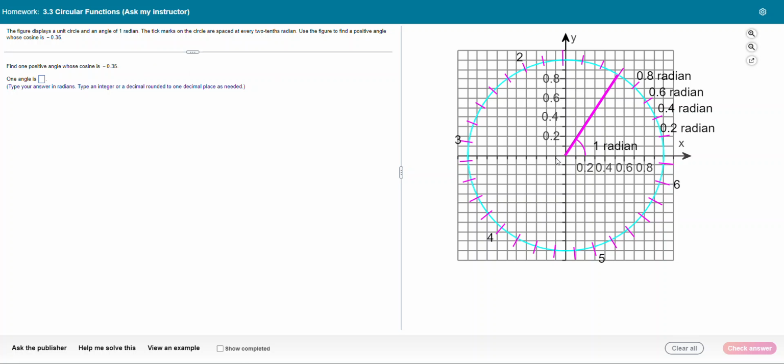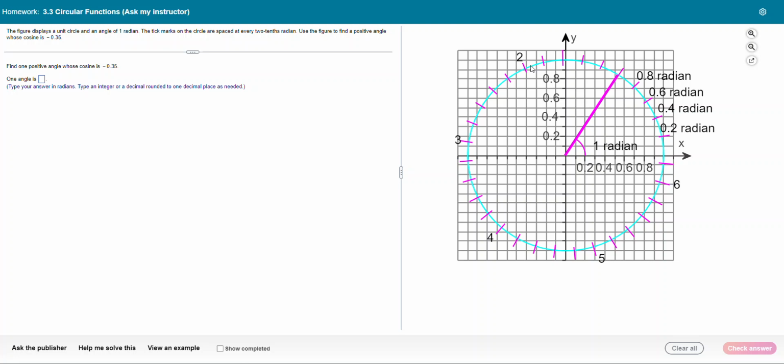So when I come over here and mark off these tick marks, each one of the tick marks here on the x-axis is a 0.1. So I'm going to go 1, 2, 3.5. And I can either go up to meet the circle, and that would put me in the second quadrant.